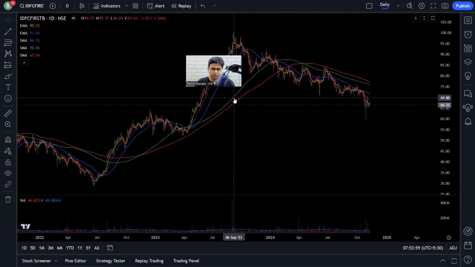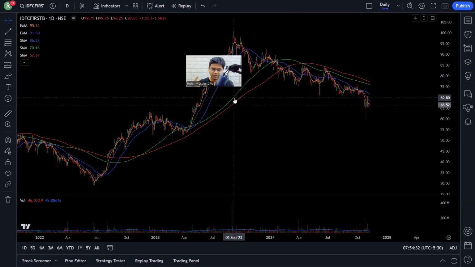So if we look at these two stocks, IDFC First Bank and the previous stock was CDSL, one stock declined 35% in that 1 year time period, and another stock went up 3 times. 3 times is roughly 200%. Okay, so one stock goes up 200 to 300% in a year, and another stock goes down 35% in a year. What's the difference?